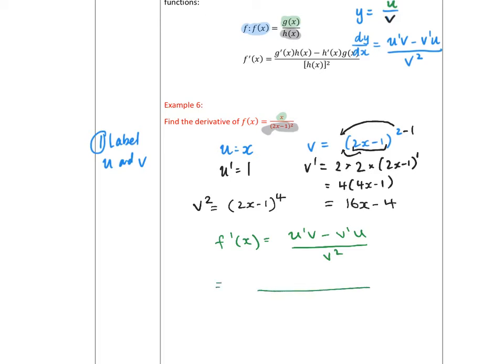So if we're thinking what are all the pieces we have here, well, my v squared, 2x minus 1 to the 4, my u dash v is 1 times v, so that's just going to be (2x minus 1) squared, and we are minusing my u times v dash, or v dash times u, which is going to be 16x squared minus 4x.